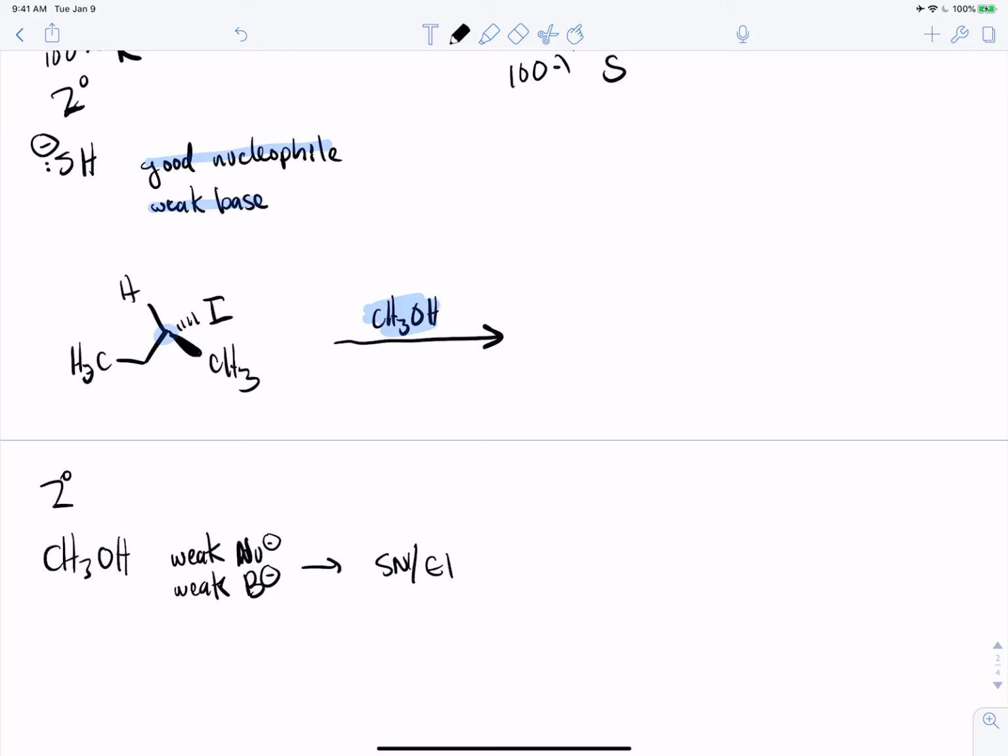I'm not going to draw the mechanism out for this just because it's one of the longer mechanisms. But the products that you would end up with here is the substitution product, which is kind of interesting: you would end up with this, but you'd also end up with the other enantiomer.